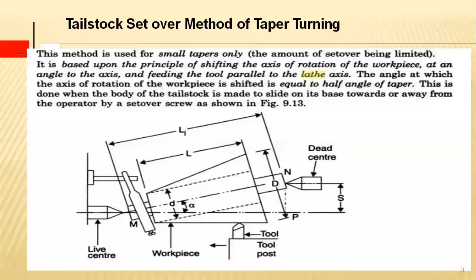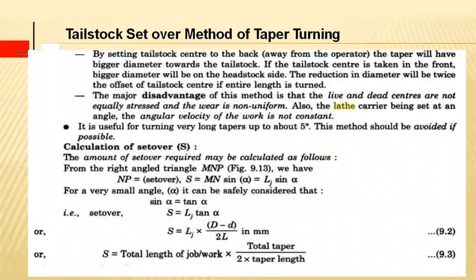The only variable considered for obtaining our required machining conditions is varying the tailstock. So this is one method of taper turning on the lathe machine.